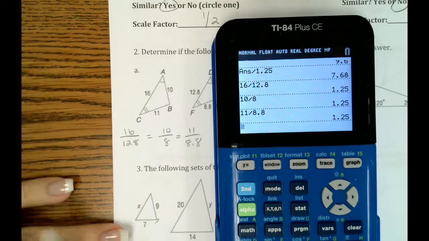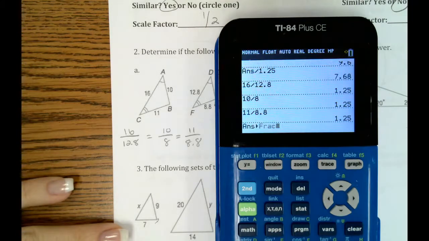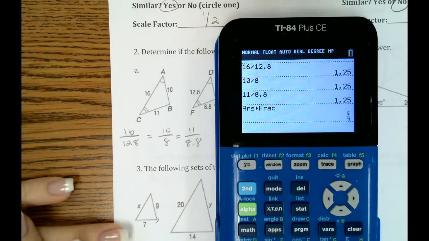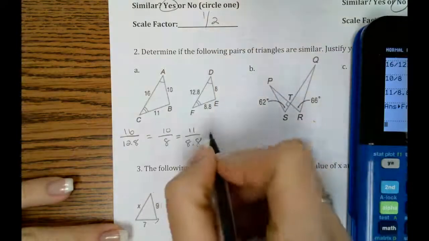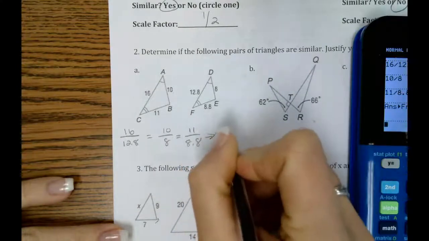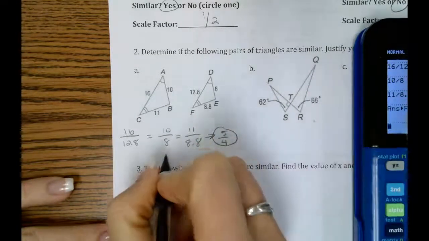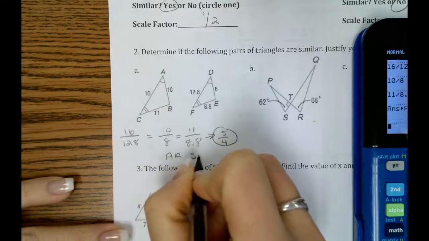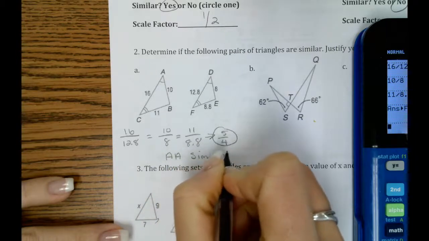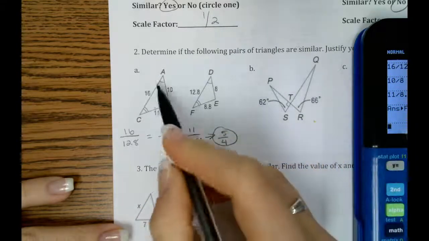Okay, so those all have the same scale factor. If we reduce those fractions, it reduces to 5/4. That's our scale factor. And we can say this is by angle-angle similarity, because we had 2 angles that were congruent.